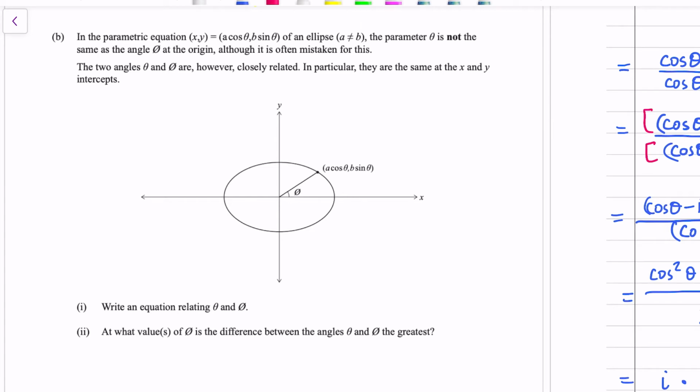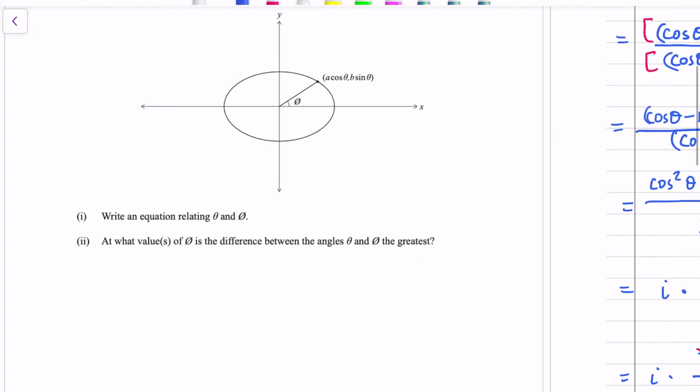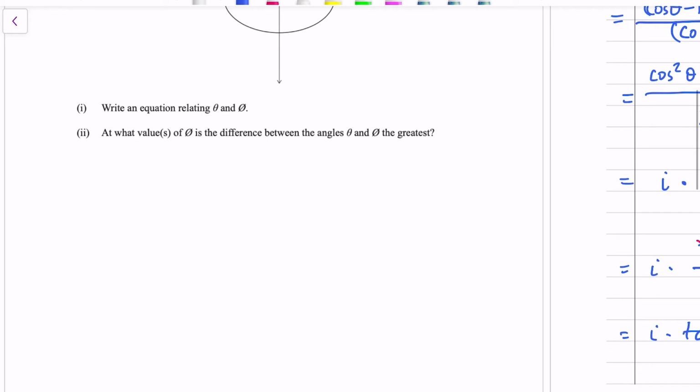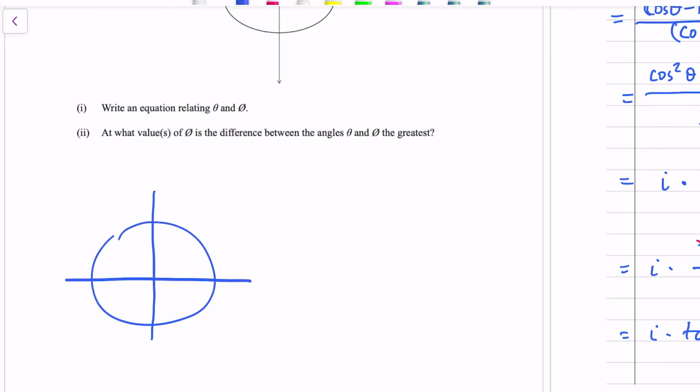Now, just on a side note, if we had a circle, terrible circle, and I had this point here, x, y, the equation of the circle is x squared plus y squared equals r squared. Radius is r. Let's call this angle theta, the anti-clockwise angle.